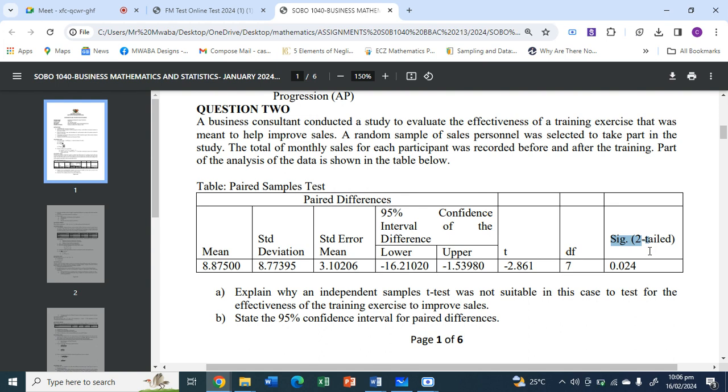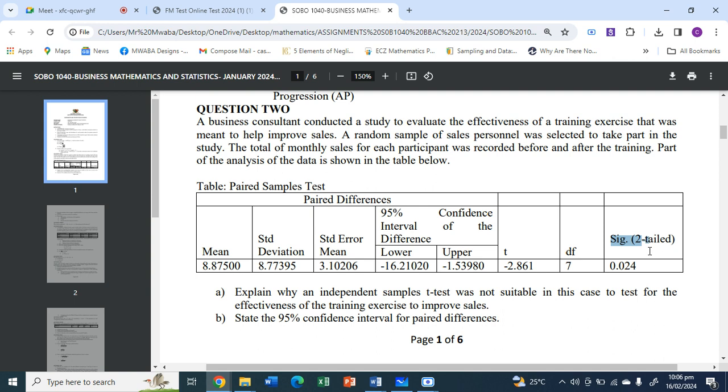The rule of thumb is this: if the p value is less than 0.05, it means there's a significant difference in the training.